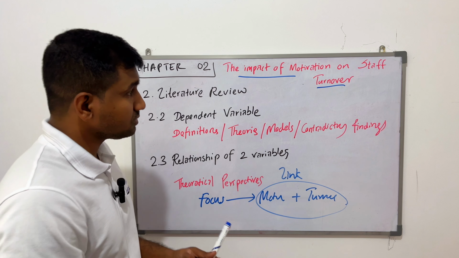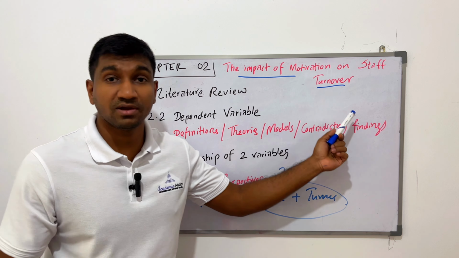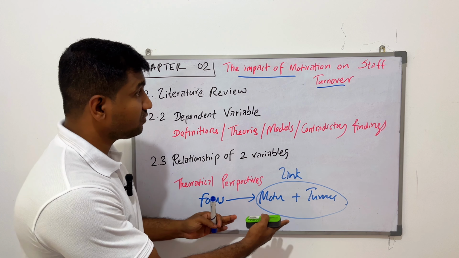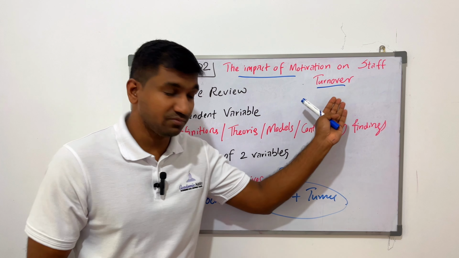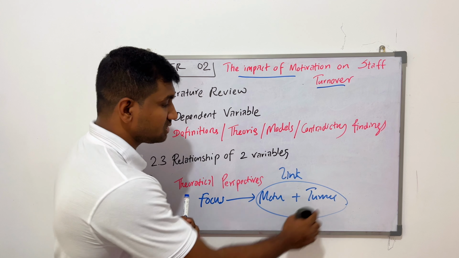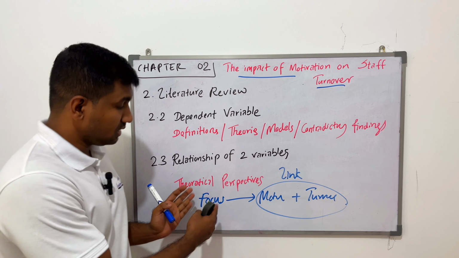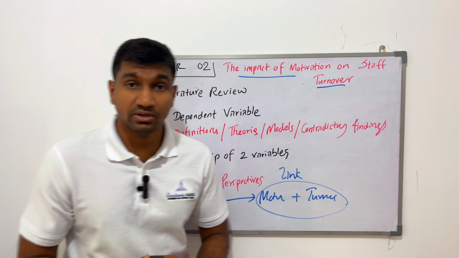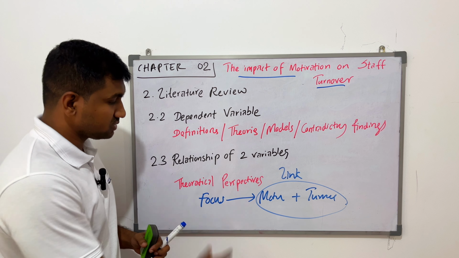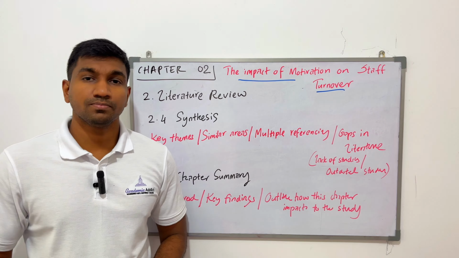Turnover can be impacted by many factors, but in this part we are going to focus on motivation because this is our independent variable. So what is the relationship between motivation and turnover? That's what we are talking about under 2.3. Again, you need to bring theory, you need to cite and discuss. So focus on that. So that is going to be your 2.3.